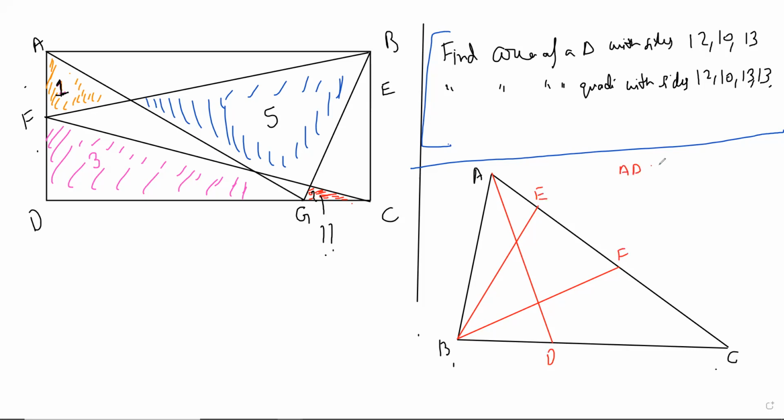AD is equal to DC, because you may form some good reasoning through that also. Otherwise, the methods that we've discussed will be the main ideas. Given this, you can find this blue region.